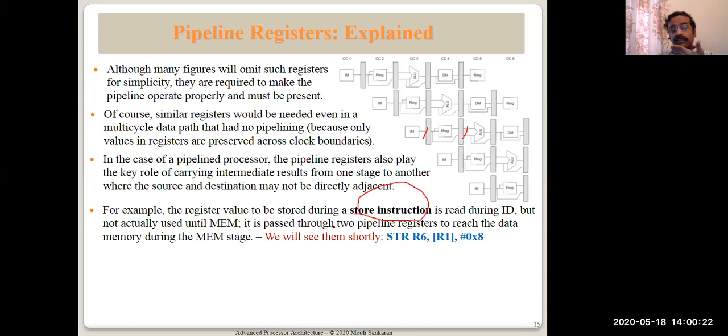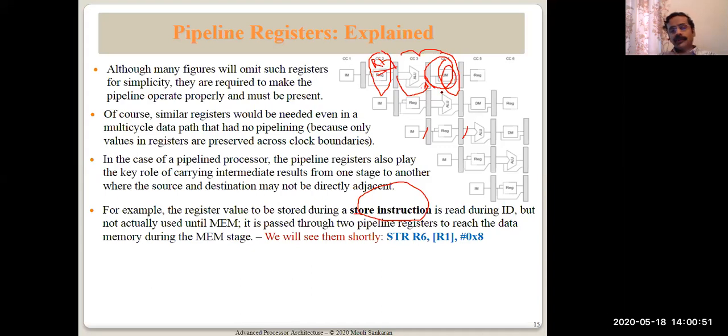Suppose I am executing a store instruction, and I have to store a value R1 into the memory. Now R1 is accessed here and the actual storing happens in the memory two cycles later. Unless I pass the value of R1 through these pipeline registers, I cannot perform a write operation on data memory by giving the value.